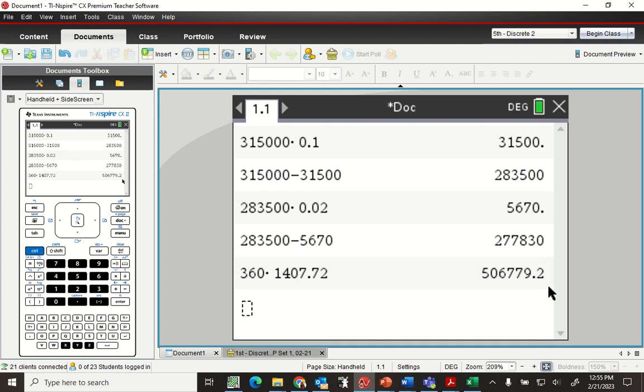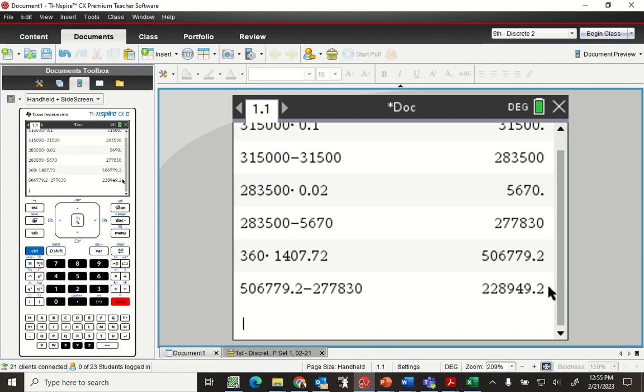So I'm going to take this number and subtract the money I borrowed, which is 277,830. So I paid $228,949.29 just in interest.